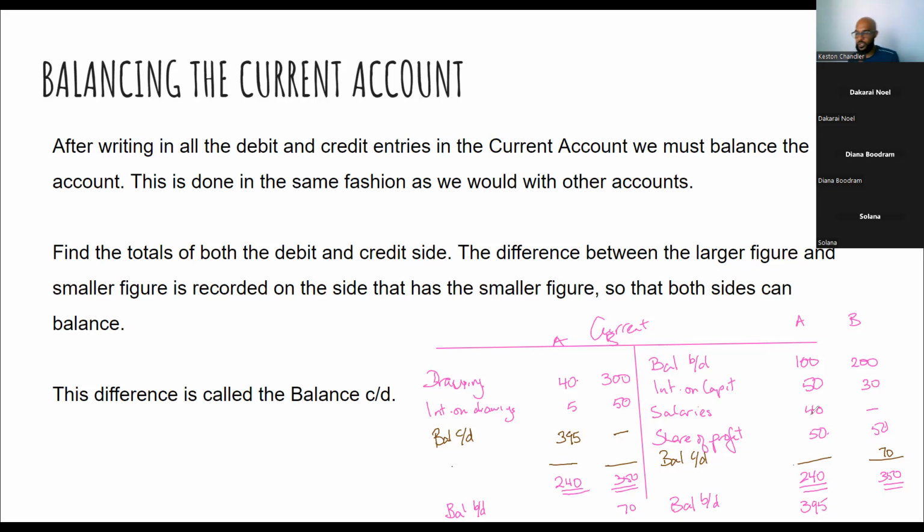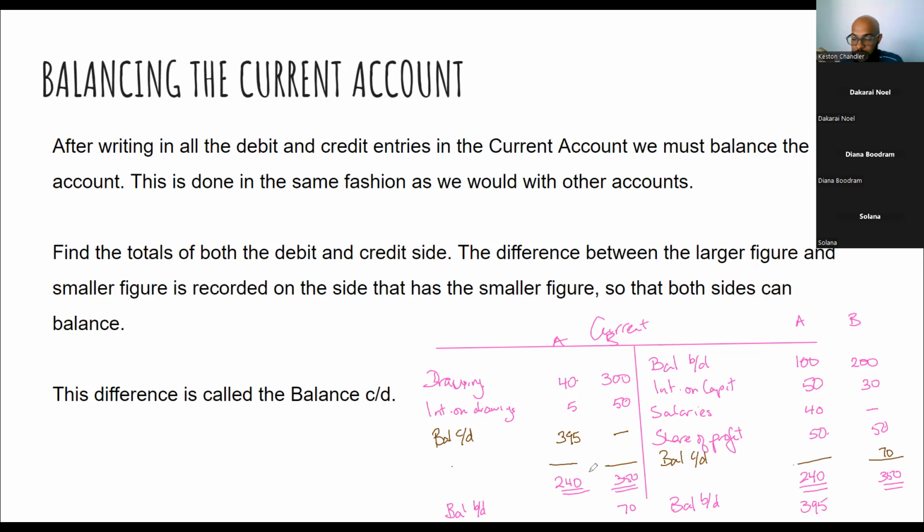So you see how to balance the account, that's a little refresher on balancing the account. But notice that their balances brought down are on different sides. This guy has a debit balance brought down of $70. When we look at the total amount of money he earned, it was $280. But he withdrew $300 and paid interest on drawings of $50. This debit balance of $70 is an indication that he's taking more money out of the business than he's earning.